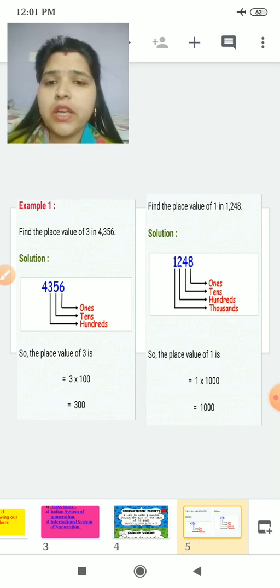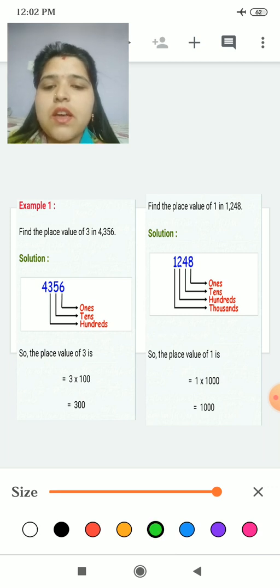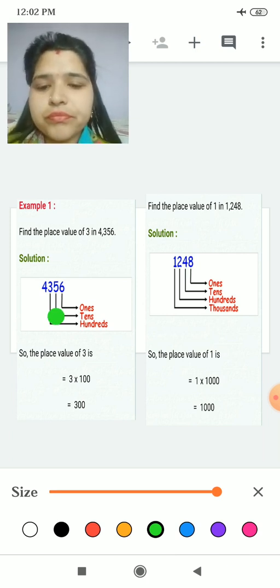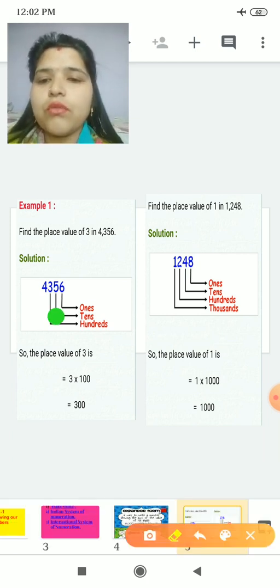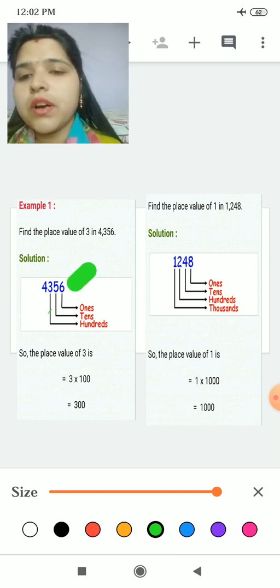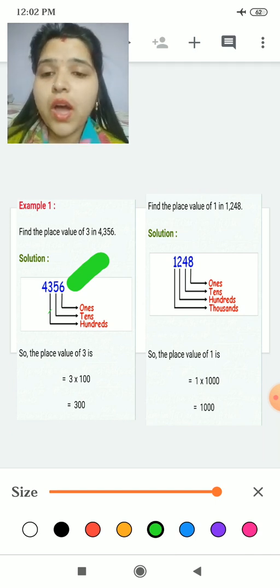This is called the place value. It means 6 is having which place? 6 is having the ones place. 5 is having the tens place. 3 is having the hundreds place and 4 is having the thousands place. Understood all? Yes. If we have to find the place value of 3 in the given question, what will we do?